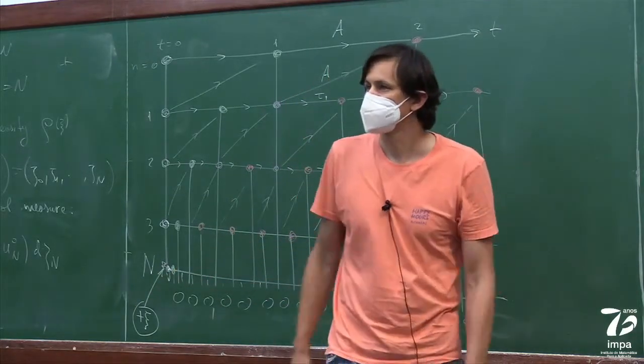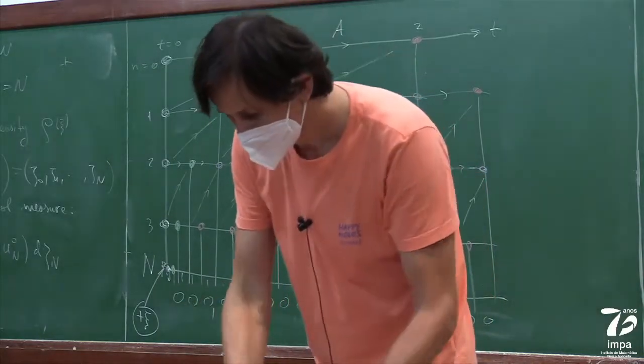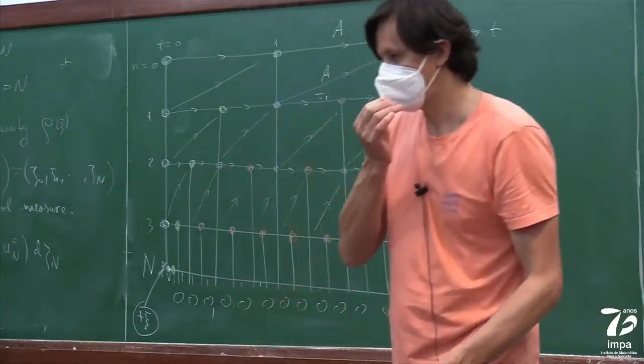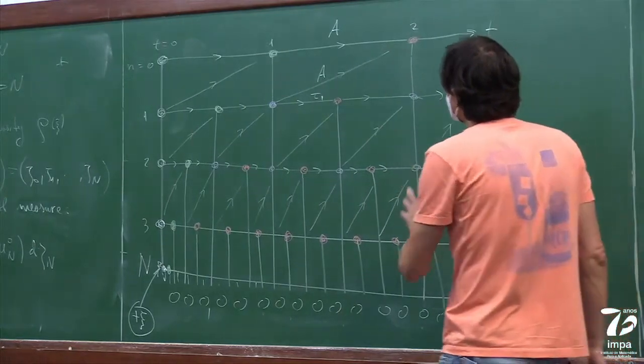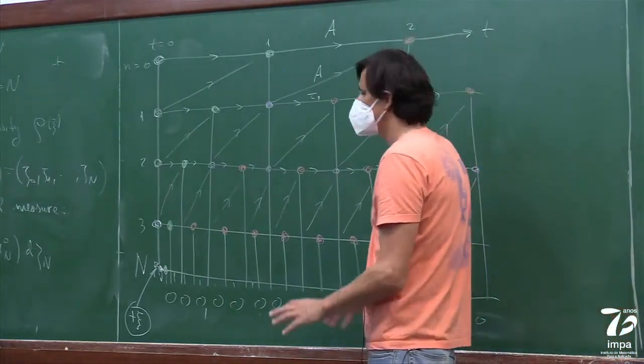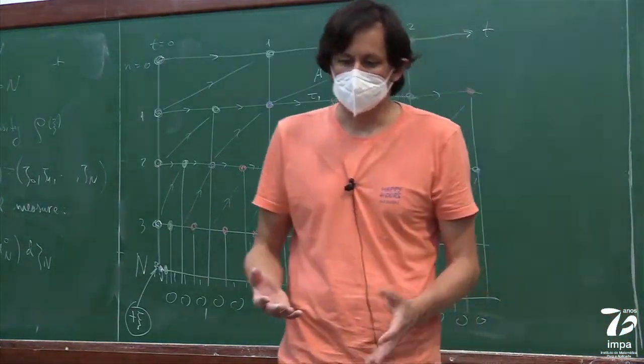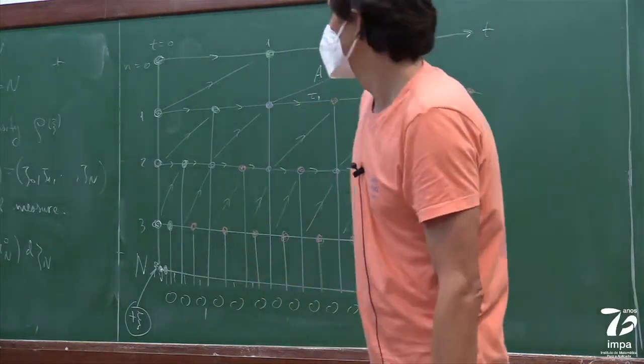Doesn't matter which one. So there is this duality which tells you that non-uniqueness here is not just intrinsic, but it's very intrinsic in a stochastic way.